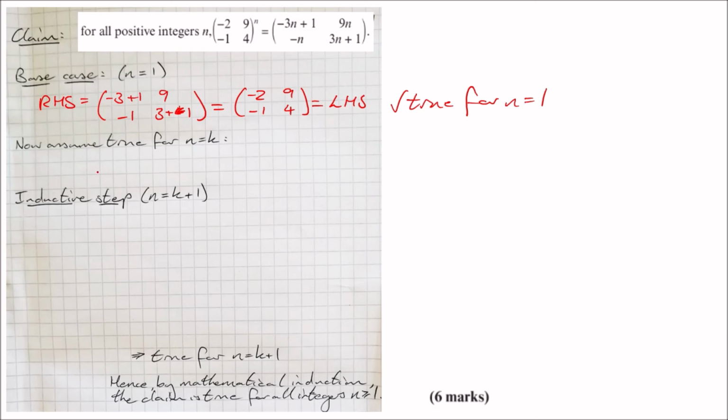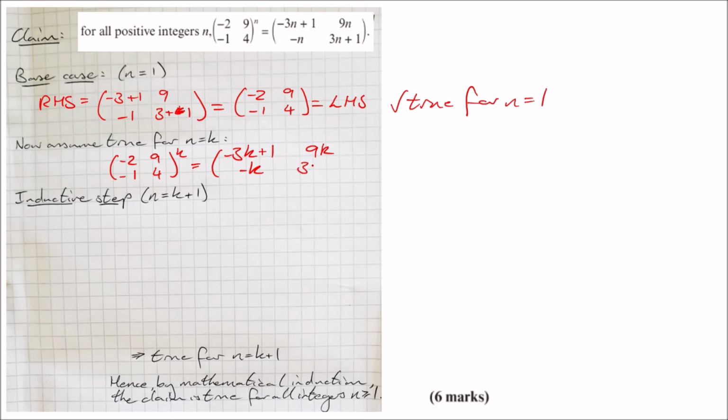Now assume true for n equals k. Might seem tedious, but I'm going to write it out. We're assuming that minus 2, 9, minus 1, 4 to the k is this. So it's the same thing, but with k in.